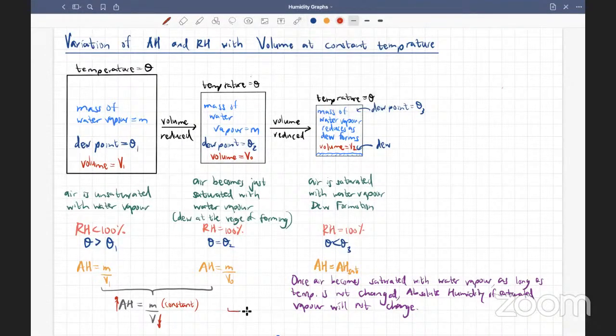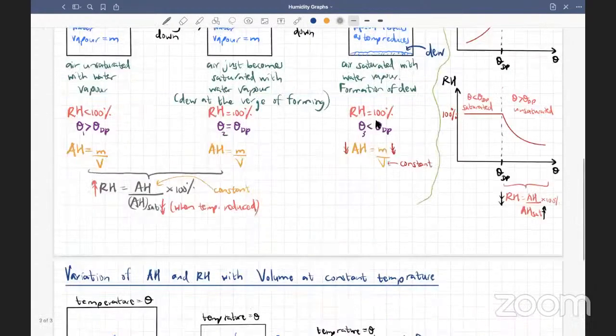Okay. Once it has become saturated, you can say this. I know AH is equal to mass over volume. Most of you, I got a few answers saying AH will reduce. Yeah, that's because you are thinking just like the previous one.